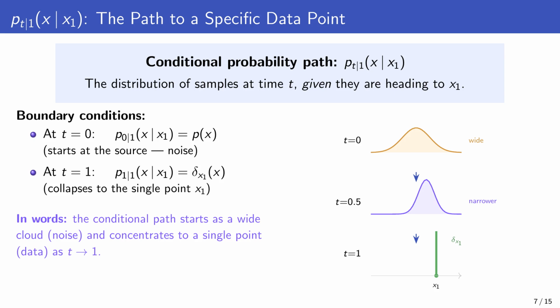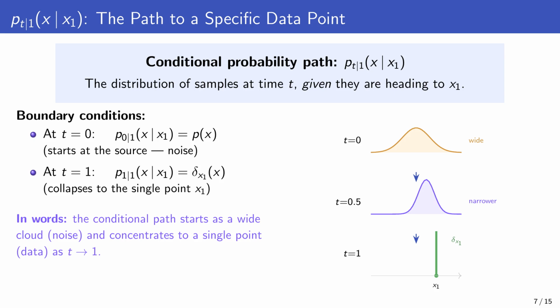At t equals 1, the conditional path collapses to a delta function at x1. This is a distribution that concentrates all its probability mass at the single point x1. In other words, by time 1, every sample that was heading to x1 has arrived exactly at x1. On the right side of the slide, you can see this visually.